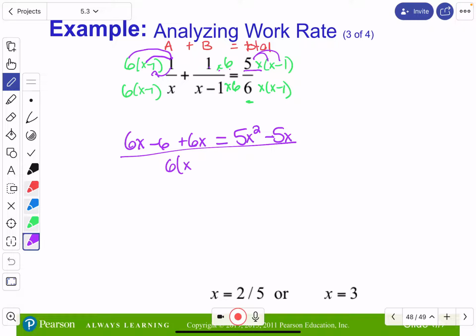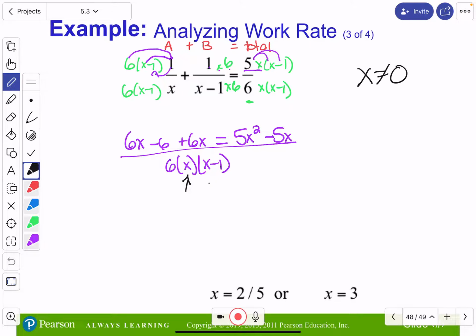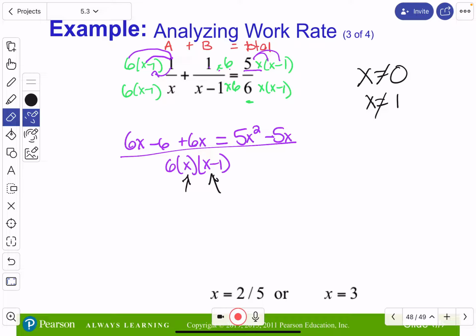All of our bottoms would have the same denominator, so we can ignore it for the purposes of solving, other than what it can't equal. So if we look here, x cannot equal 0, and x cannot equal 1. So those are those things. So now that we've done that, we can ignore the bottom and solve.